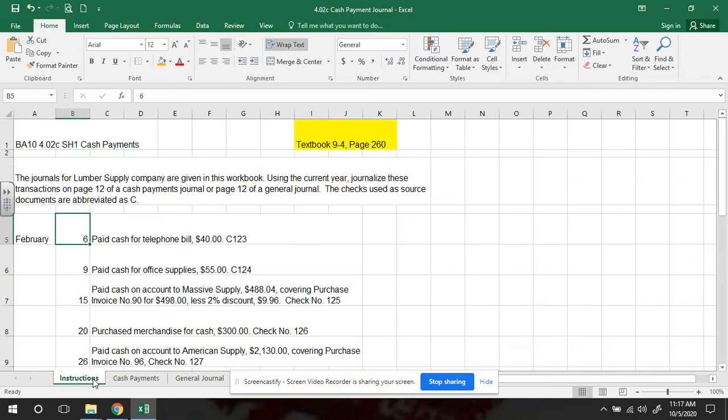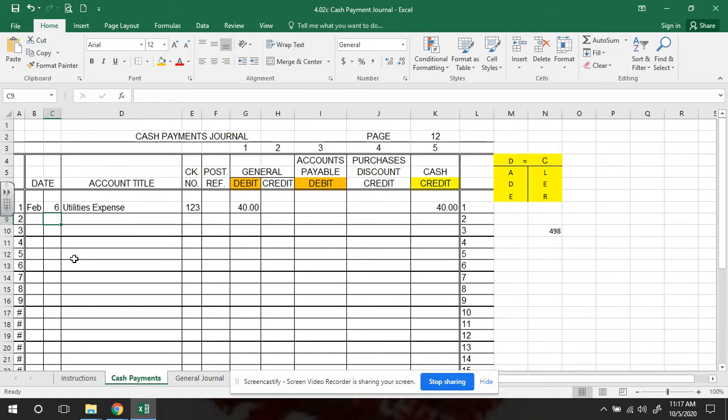My next transaction is on the 9th, paid cash for office supplies. So I have 9, the date, then I have supplies, and I could make it office. Maybe this company separates out. Who knows? They did not give me a chart of accounts to know the names of their accounts, so I'm just guessing.